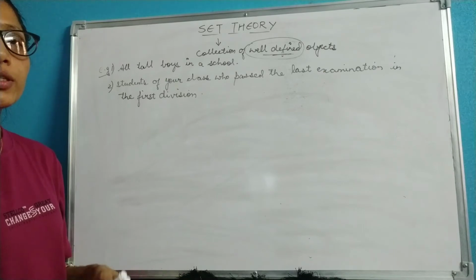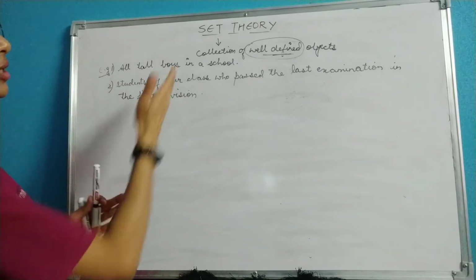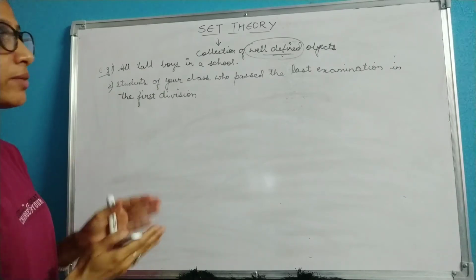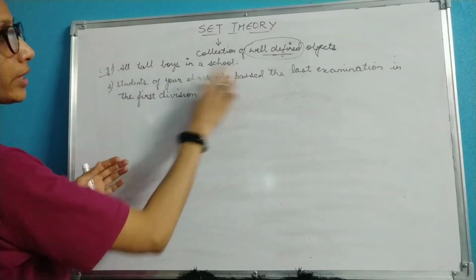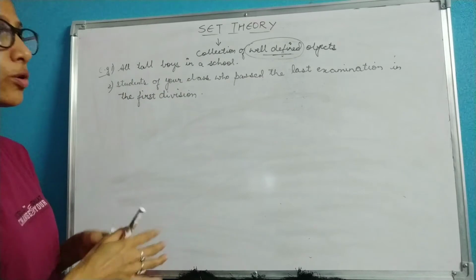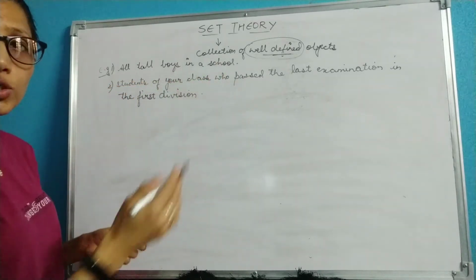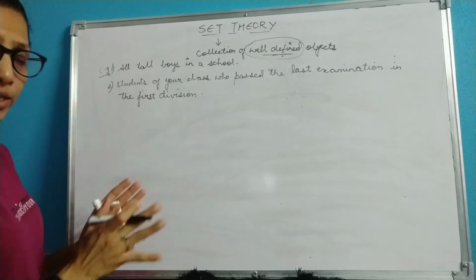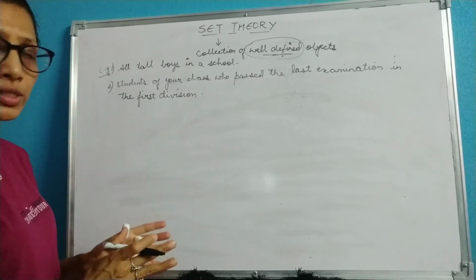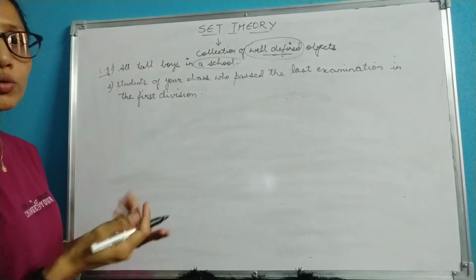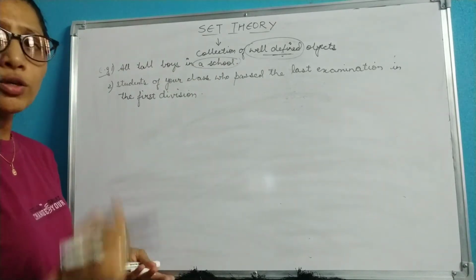Let's, children, check our knowledge about sets. Here two examples are given. You tell me whether the given statement is a set or not. First, it is given all tall boys in a school. So yes, it is a collection of all tall boys, but no particular school is given to you. You can pick a tall boy from any of the schools.